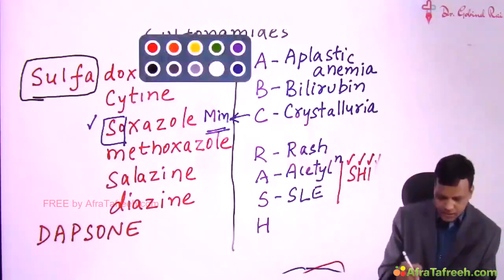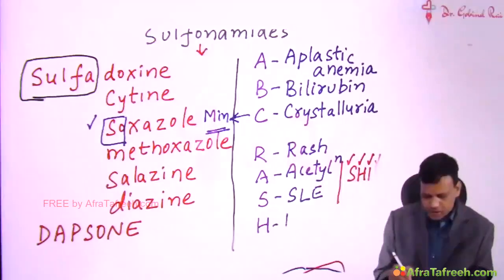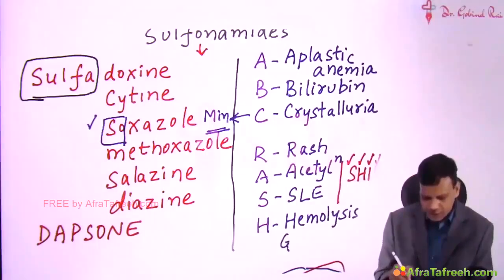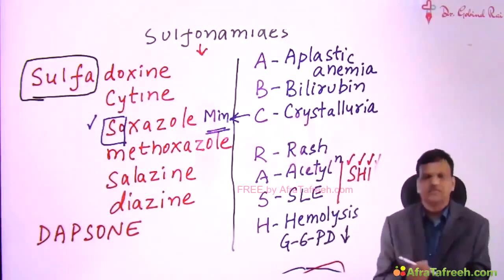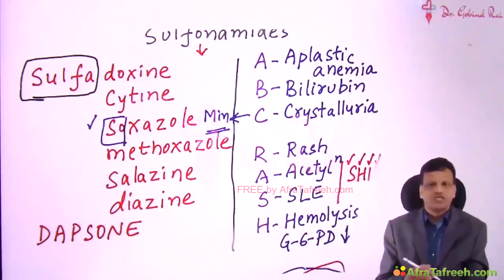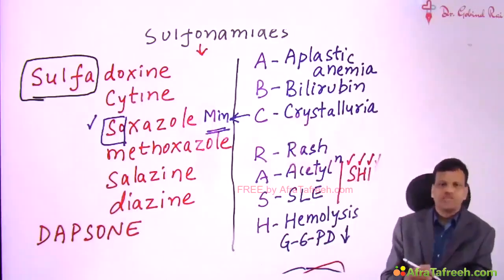Then lastly, sulfonamides can cause hemolysis. In which patients? Yes, in patients with glucose 6-phosphate dehydrogenase deficiency. Sulfonamides can cause hemolysis in patients who have deficiency of G6PD.